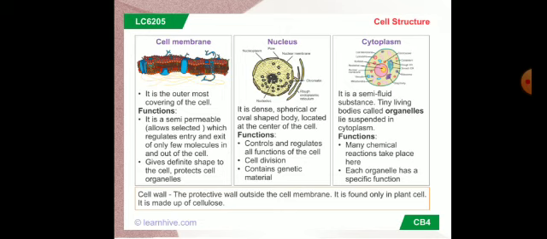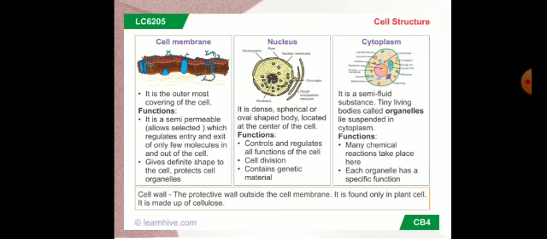The third main component is the cytoplasm. What is cytoplasm? It is a semi-fluid substance and all the tiny living bodies called organelles lie suspended inside it. Like in our body we have different organs, a cell contains different organelles. Organelles are basically the organs of the cell.